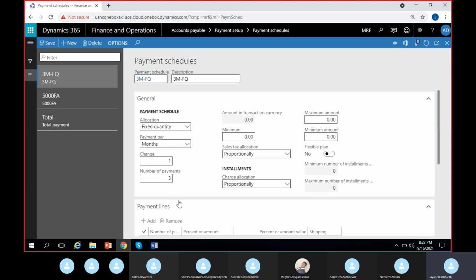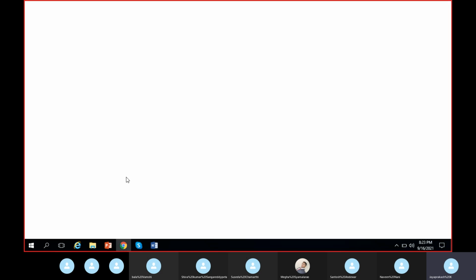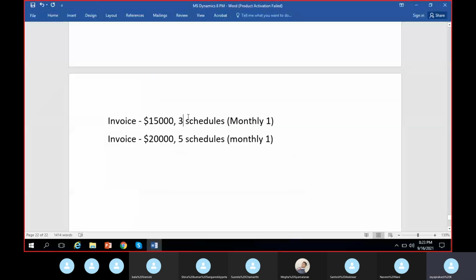Then the amount on the invoice will be divided into three schedules equally. Fixed quantity, right? So it will be divided by 3. Accordingly, 15,000 divided by 3, you will get 5,000 for each month.